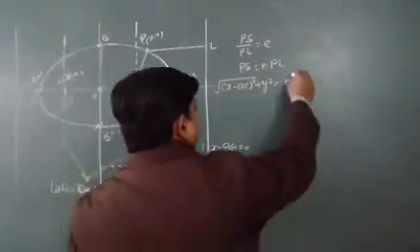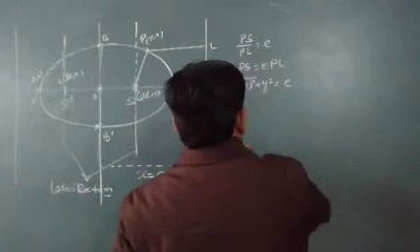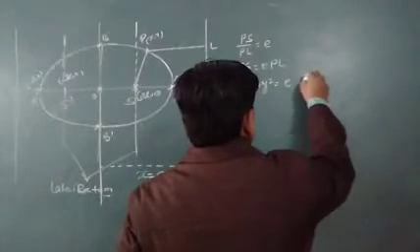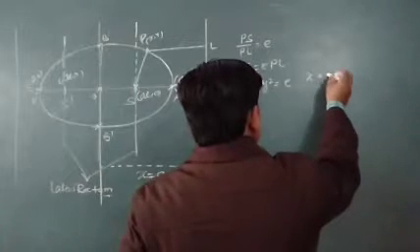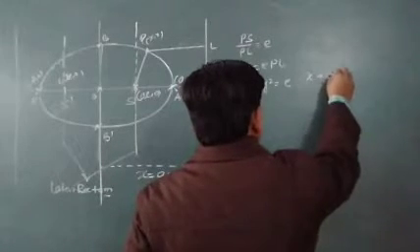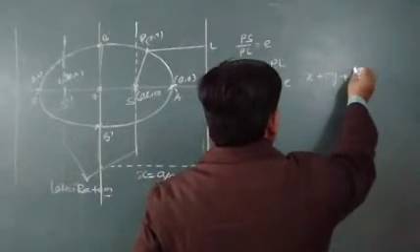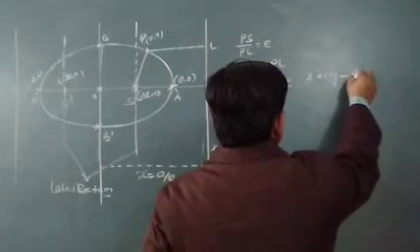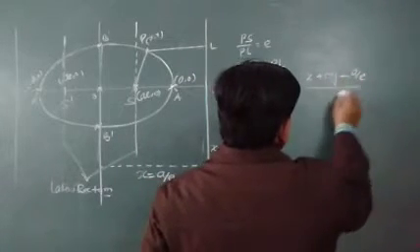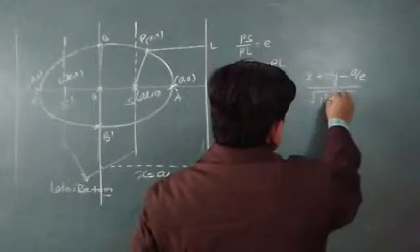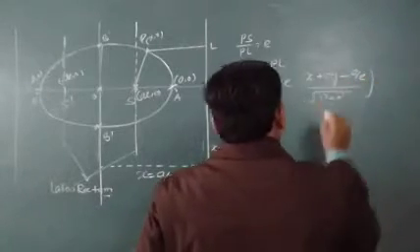So here I can write a is 1 for x, plus 0 for y, and in the place of c I have -a/e, all divided by the square root of 1² + 0².